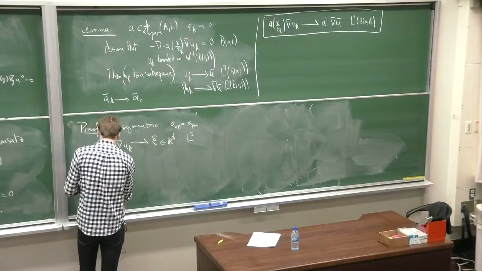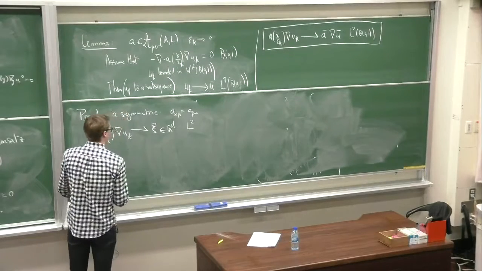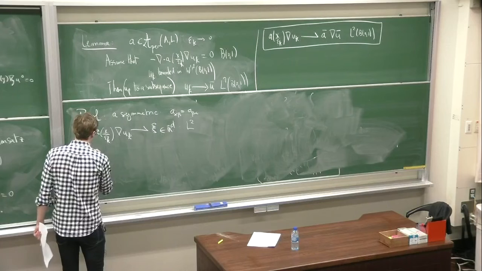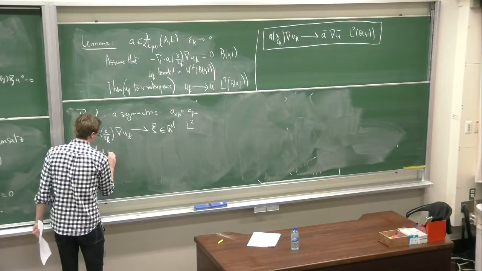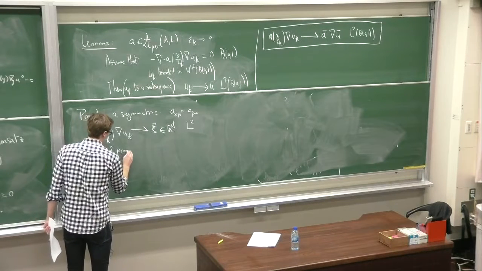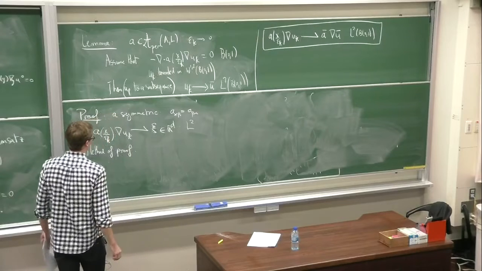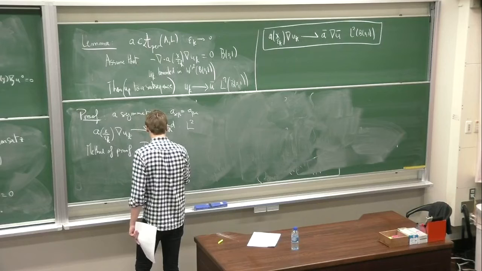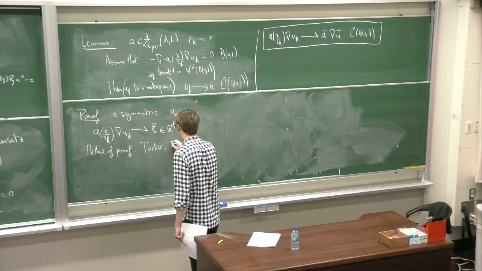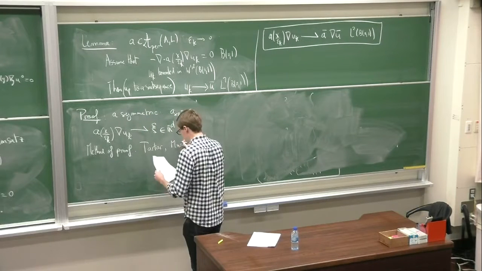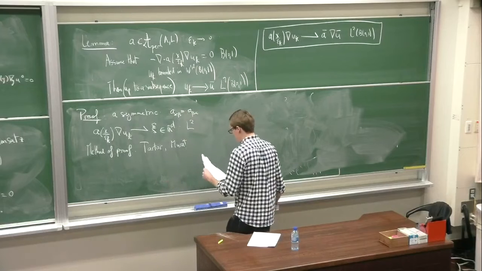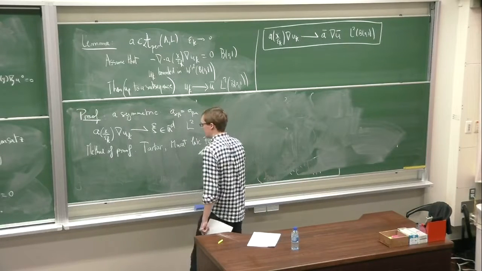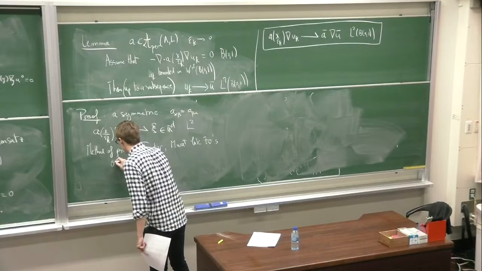So the method of proof goes back to Tartar and also the work of Murat in the late 70s, and it's called oscillating test function.